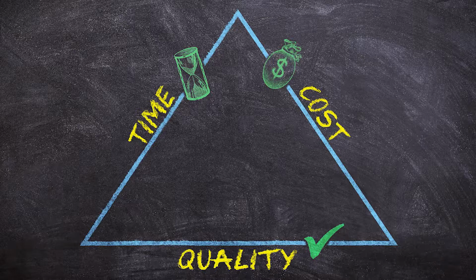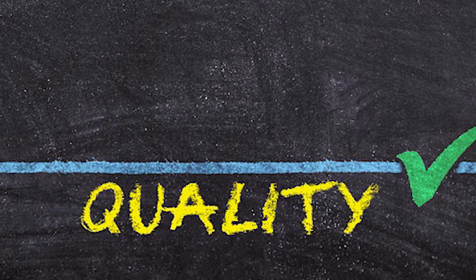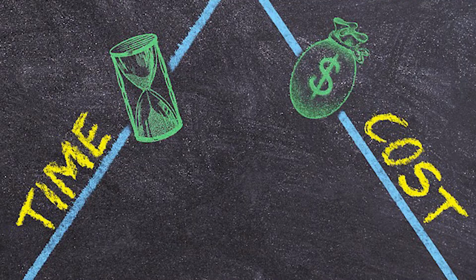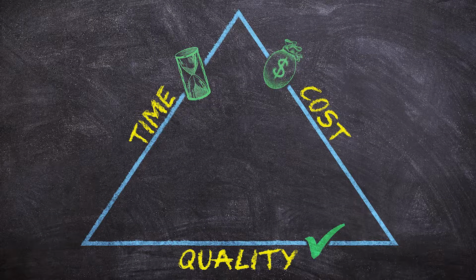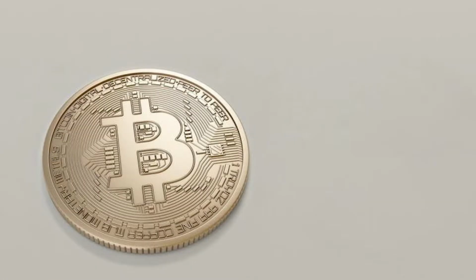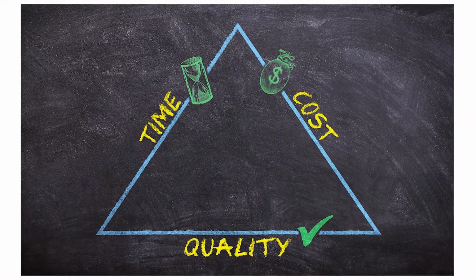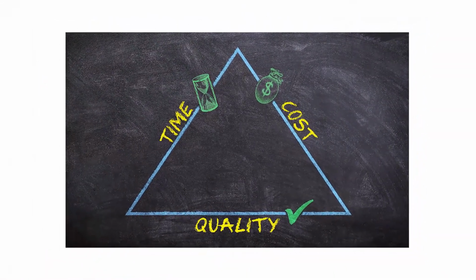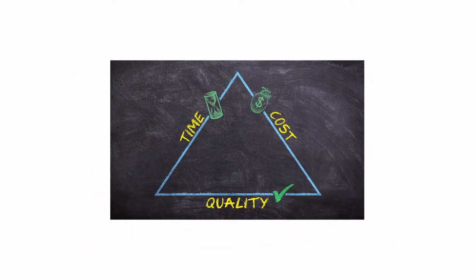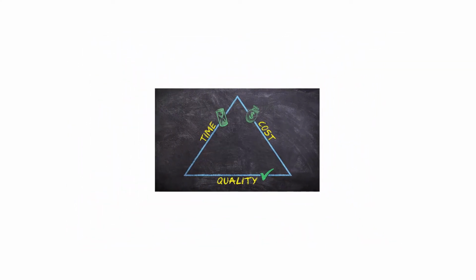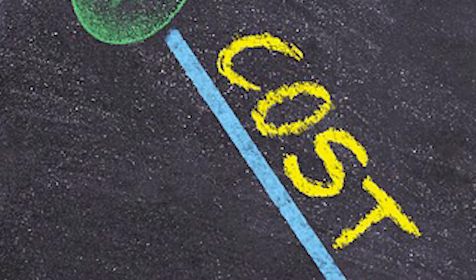For example, in order to make something of a high quality, your time and cost will have to increase as well. The cost, by the way, could mean resources like people and actual money that you have. Because I am working alone, the triangle's resource corner is probably super tiny in comparison to the ones that would represent more than one person.